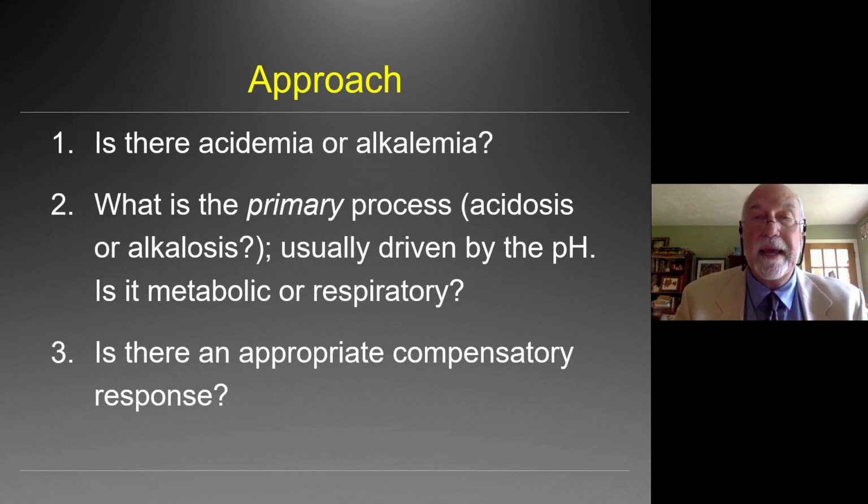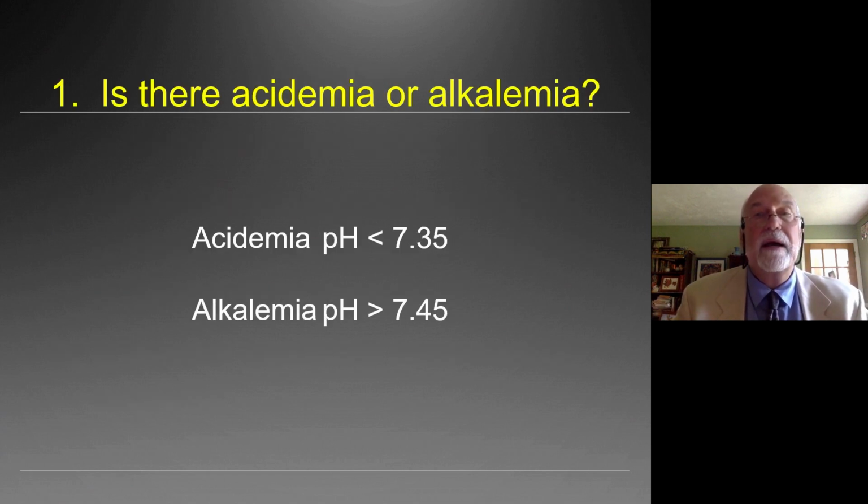You can tell that again by looking in which direction the pH has gone. And then, very important, determine whether there's appropriate compensation. I'll show you some of those rules of thumb and review with you the direction of compensation. So, very simple definitions: acidemia is a pH less than 7.35, alkalemia greater than 7.45.